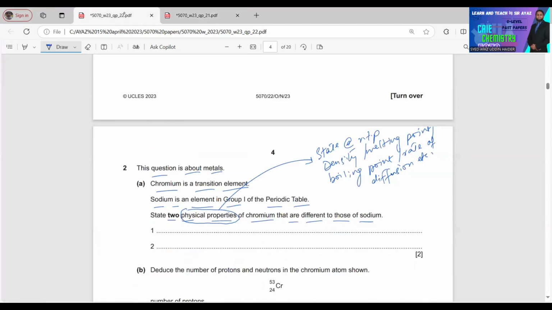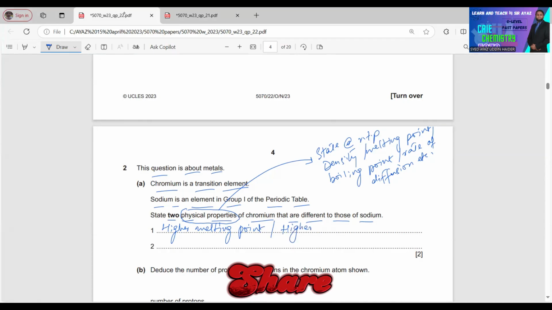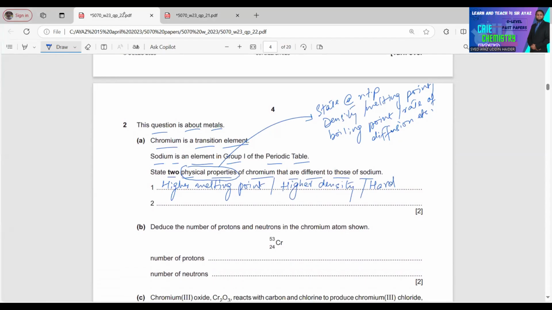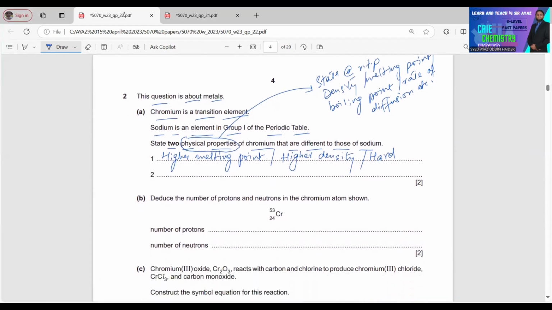So you can start with higher melting point. You can write high density, higher density. You can even write hard. So I think this is more than enough. They are asking two physical properties that are different to those of sodium.